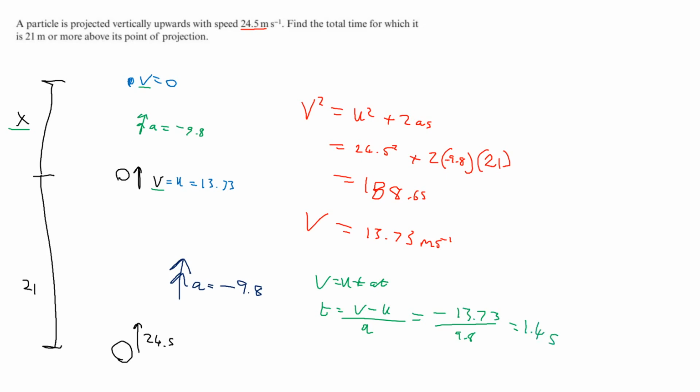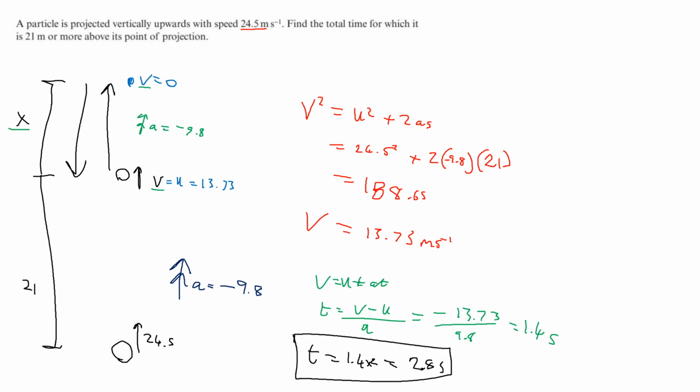Okay. So the total time, because it needs to come up and it also needs to come back down. So the total time taken is going to be 1.4 times 2, which is 2.8 seconds. And that is your final answer.